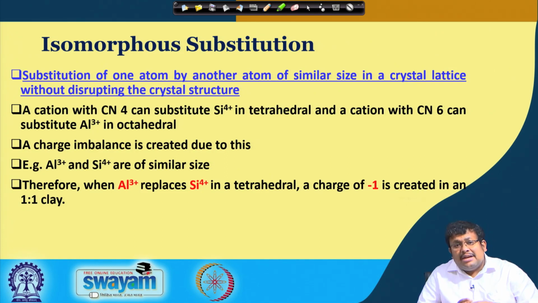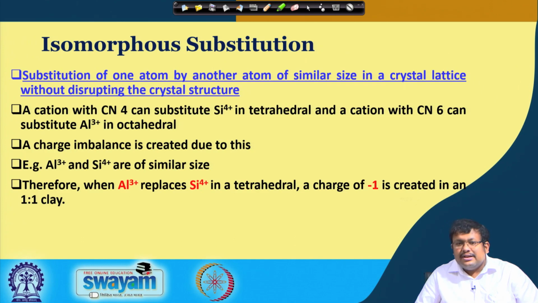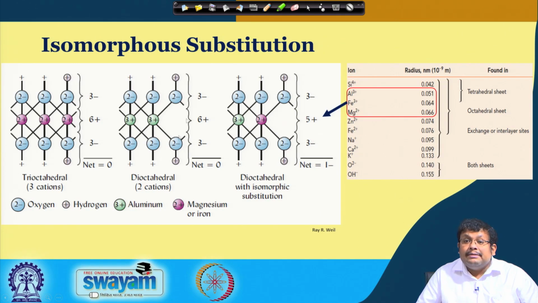So, when aluminum replaces silica in a tetrahedral sheet or tetrahedral coordination, a charge of -1 is created in a 1:1 type of clay. Obviously, silica is 4 valence, aluminum is 3 valence. So, when they are replacing each other, there will be one negative charge generation. This will be more clear here.